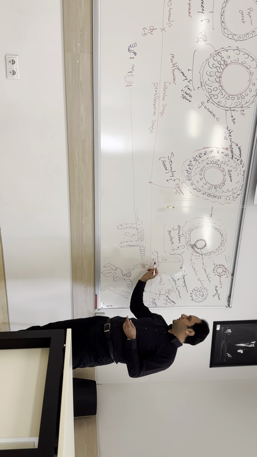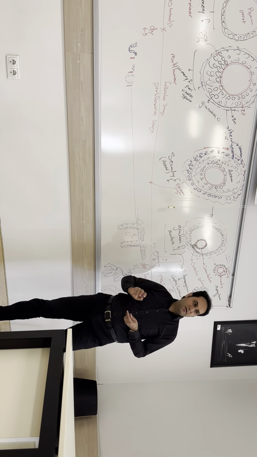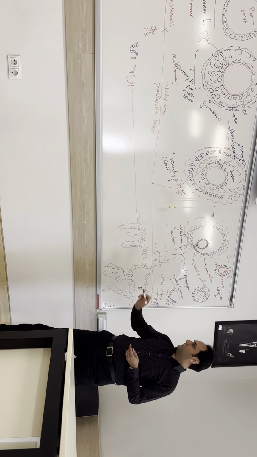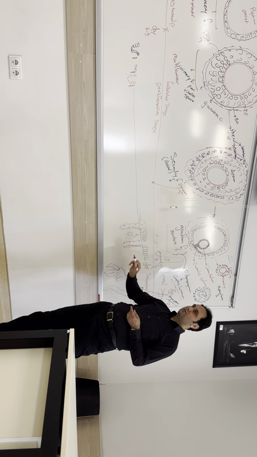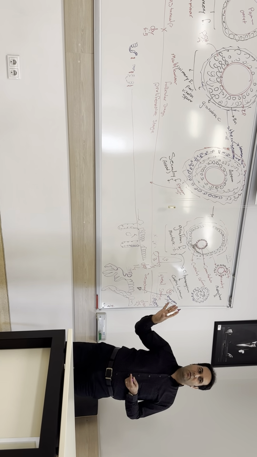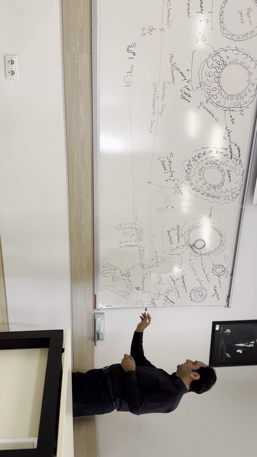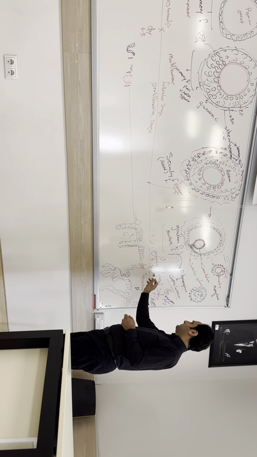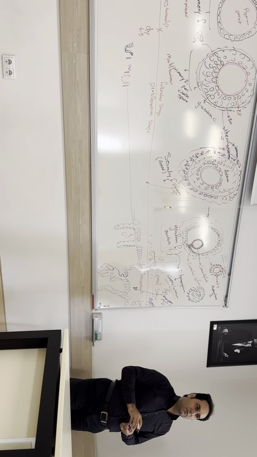If sperms enter in this part, for example, in these days, the rate of fertilization decreases. Before day 6, if sperms enter to this part, no fertilization occurs. And also, if sperms enter in these times, they can fertilize the oocyte.